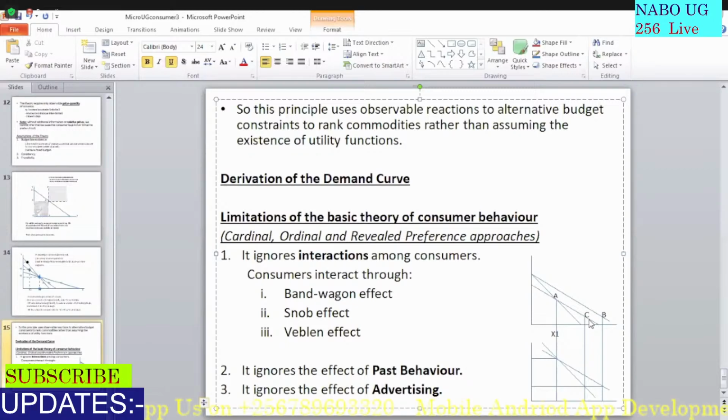But when you consider budget line B3, you see point A is below B3.